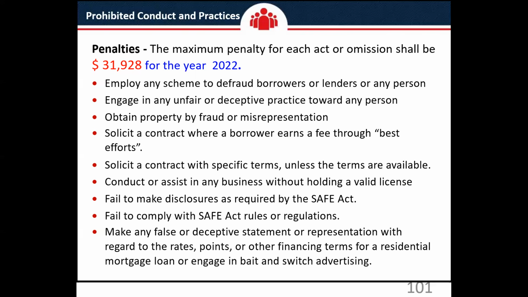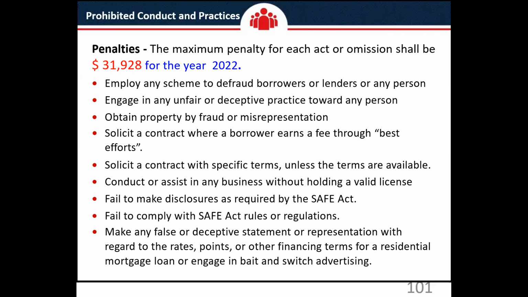If you are penalized for some act or omission that you knew you were supposed to report, it employs any scheme. If you employ any type of scheme trying to defraud a borrower or a lender, or engage in what they call UDAPs, any unfair, deceptive practices and acts toward a person.